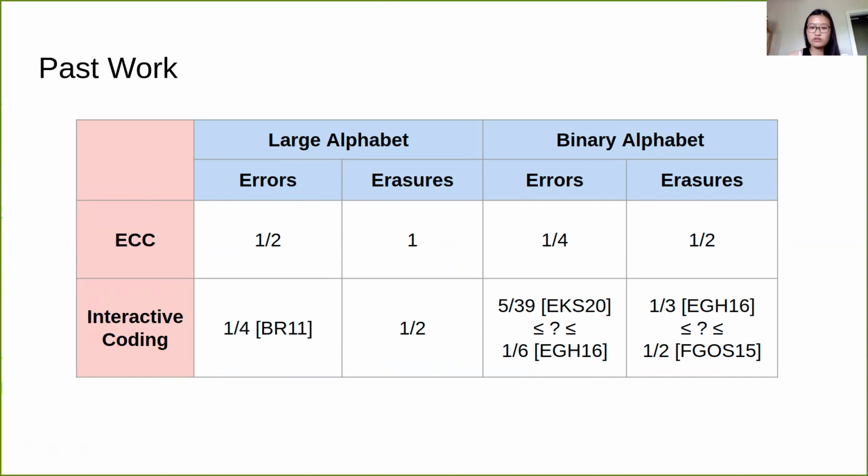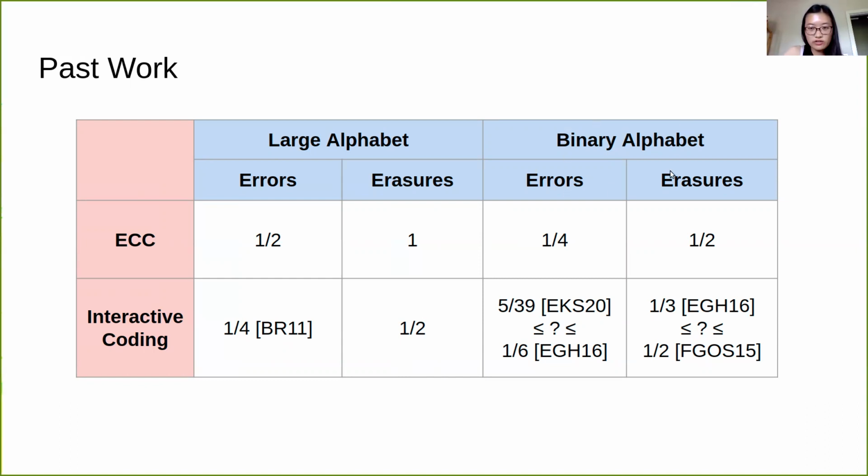So you get a factor of 1/2 as much resilience. So for interactive coding over errors over a large alphabet, Braverman and Rao showed that you cannot do better than 1/4, and you can also attain 1/4. And for erasures, the optimal is 1/2.